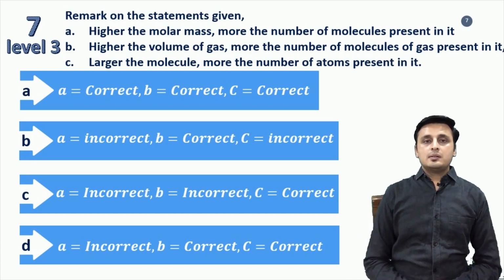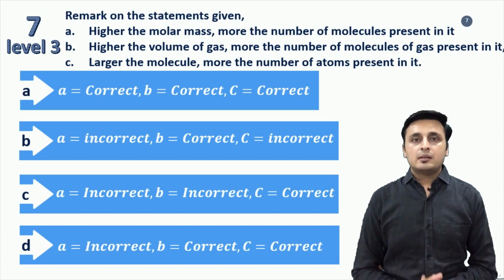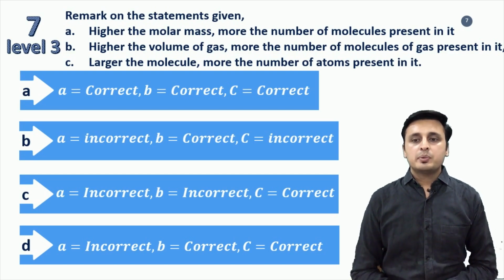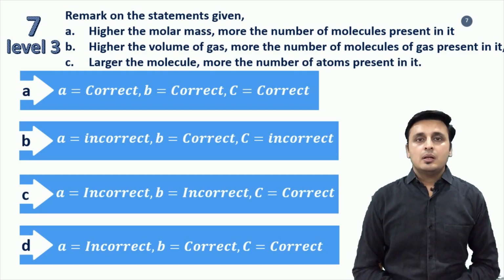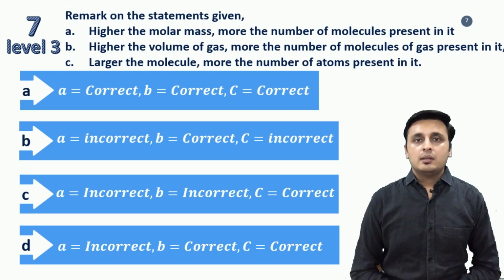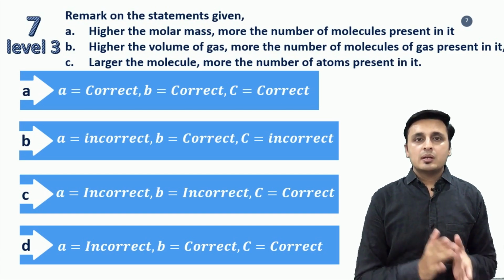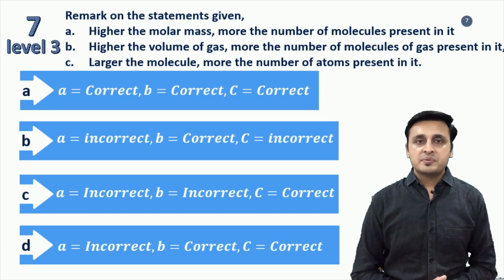Dear friends, let us understand all the 3 statements and we will find the correctness of the statements. First statement is given that higher the molar mass, more the number of molecules present in it. It is definitely an incorrect statement. If the molar mass is high, then we cannot say that the number of molecules will be high, because gram molar mass is representing only 1 mole, whatever the substance is.